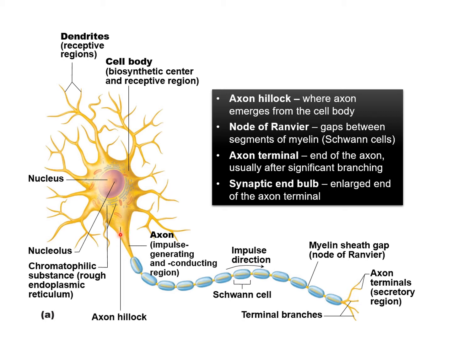That's going to be an extremely important location as we move through this chapter, because this right here is where the action potential begins. And an action potential is a nerve impulse. It's an electrical impulse that travels down the axon, and here is where it starts. Now, we said that information goes from the dendrites to the cell body. Well, that information flowing here in the cell body and in the dendrites, that's not an action potential.